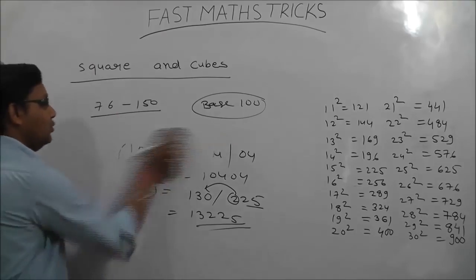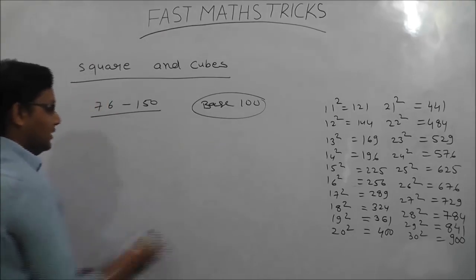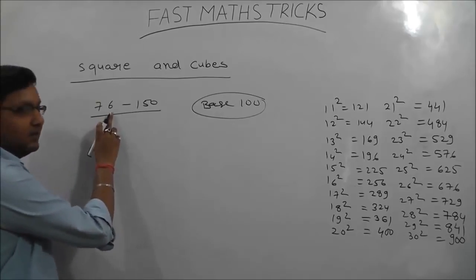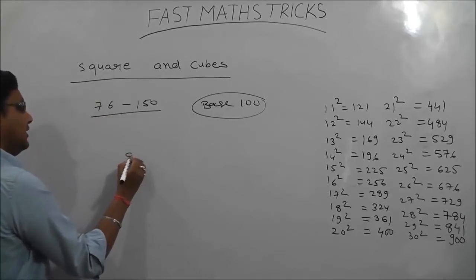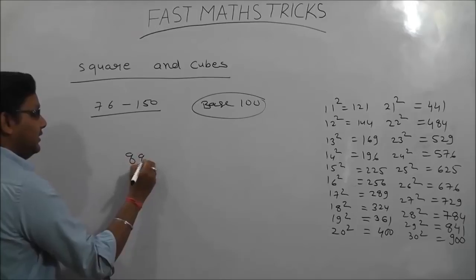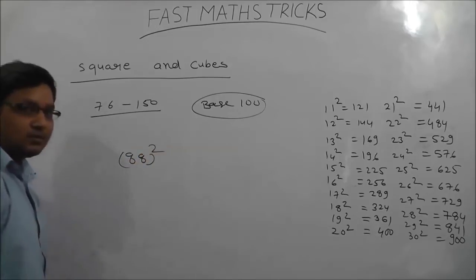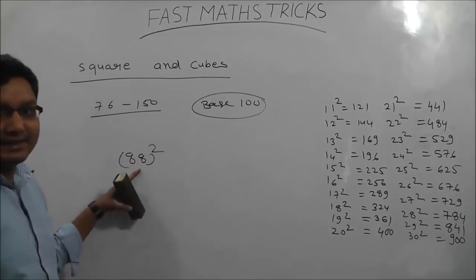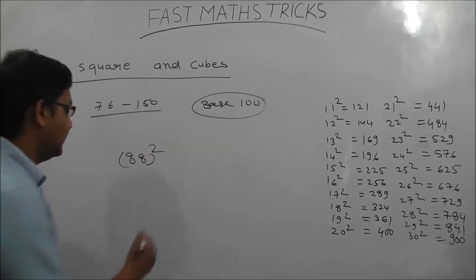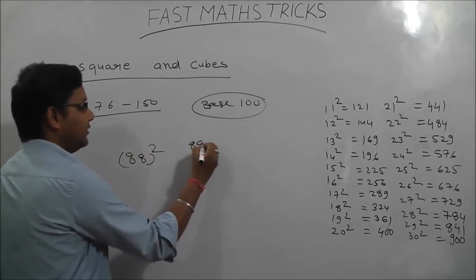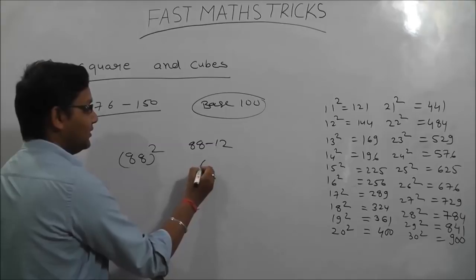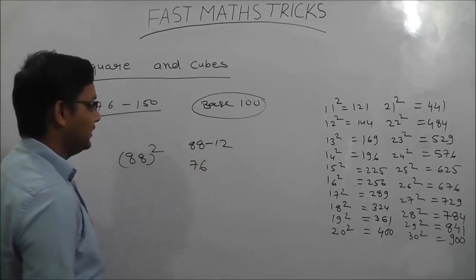Let's take a value less than 100 and more than 75. Suppose we take 88 square. How much less than 100 is it? It's 12 less than 100. So subtract 88 minus 12. How much do you get? 76.